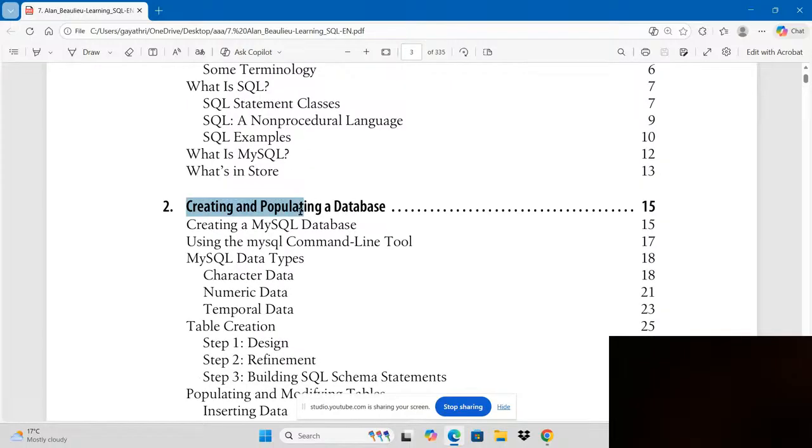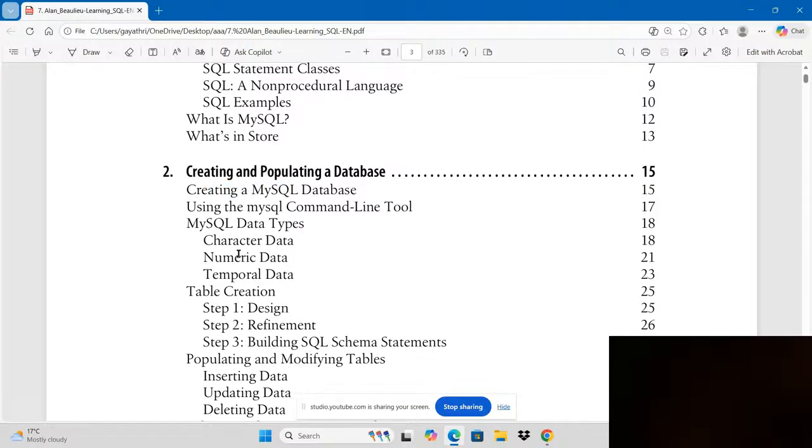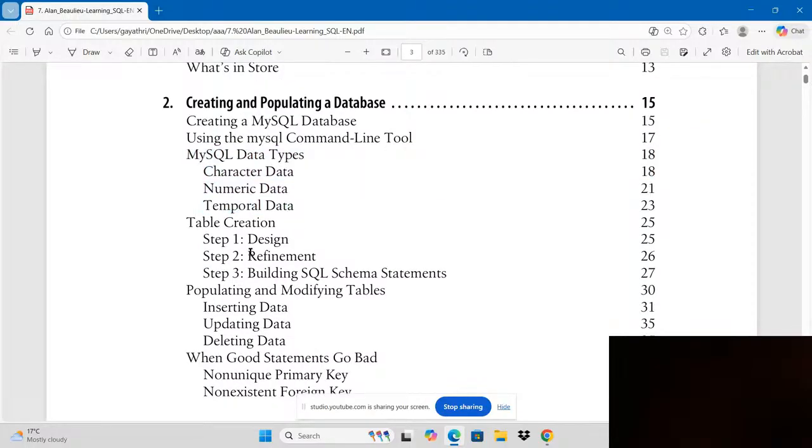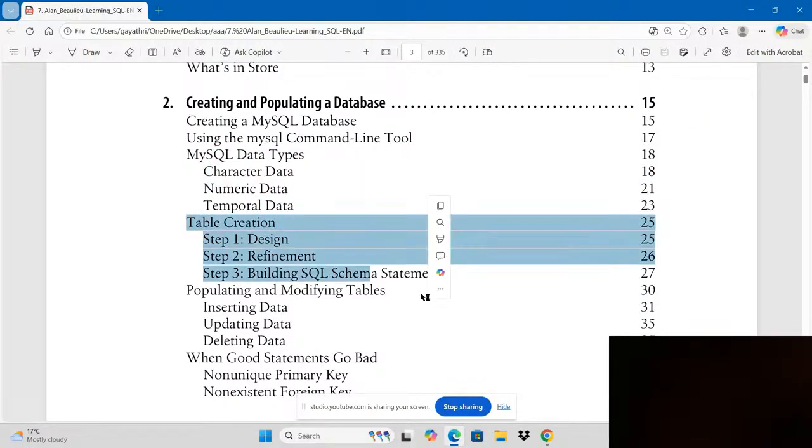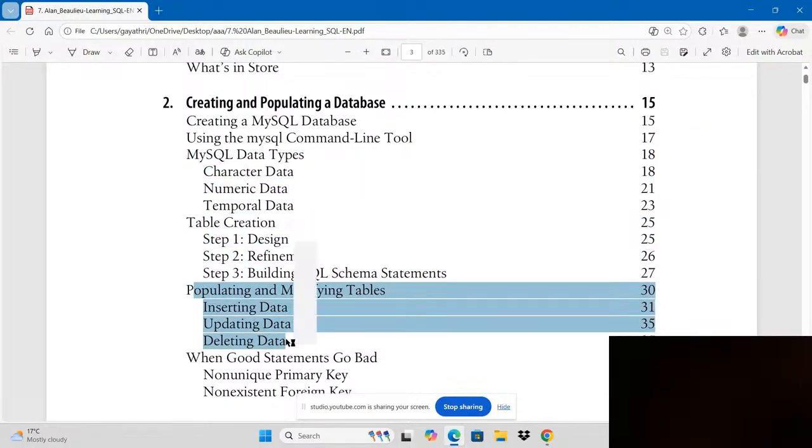And in the second chapter, we are reading about how to create a database and how to insert values in those database tables, like different data types in MySQL, table creation, and populating and modifying the data tables.